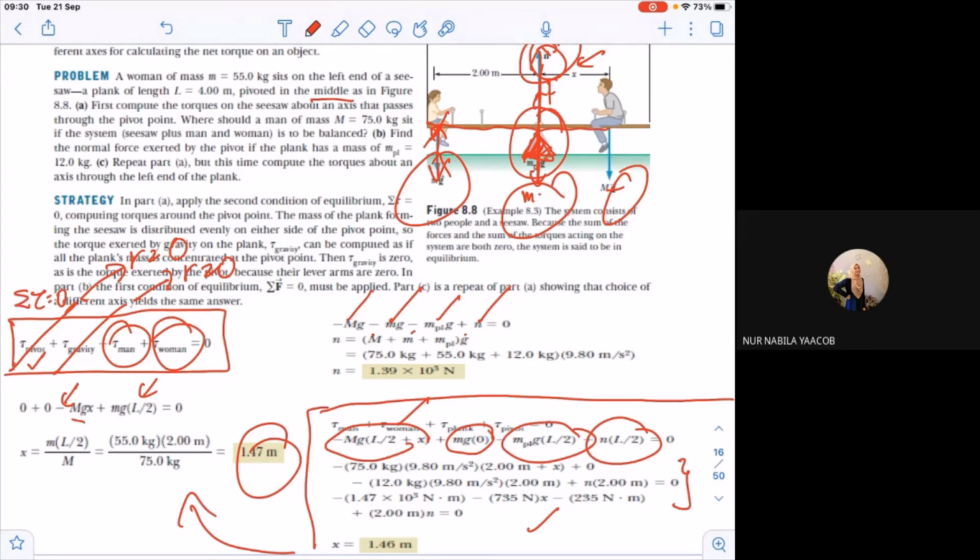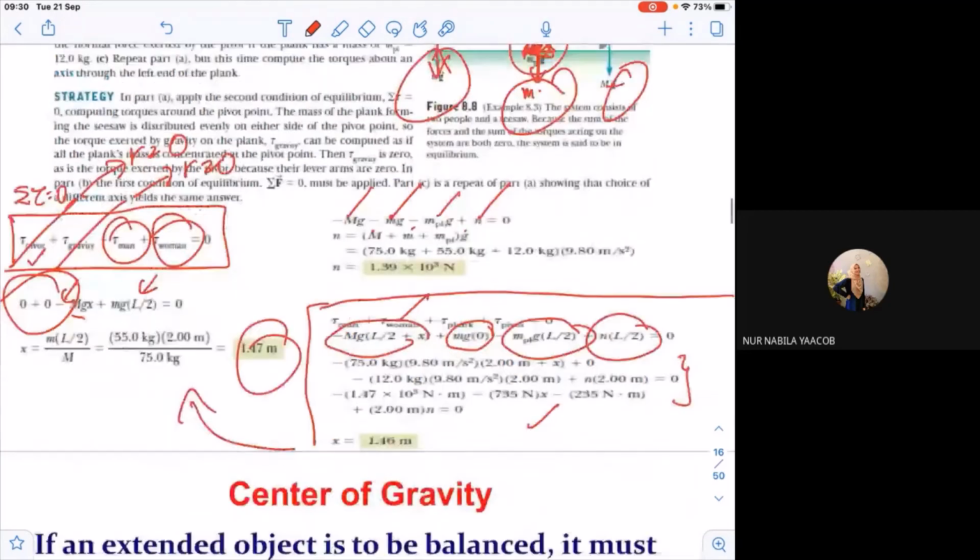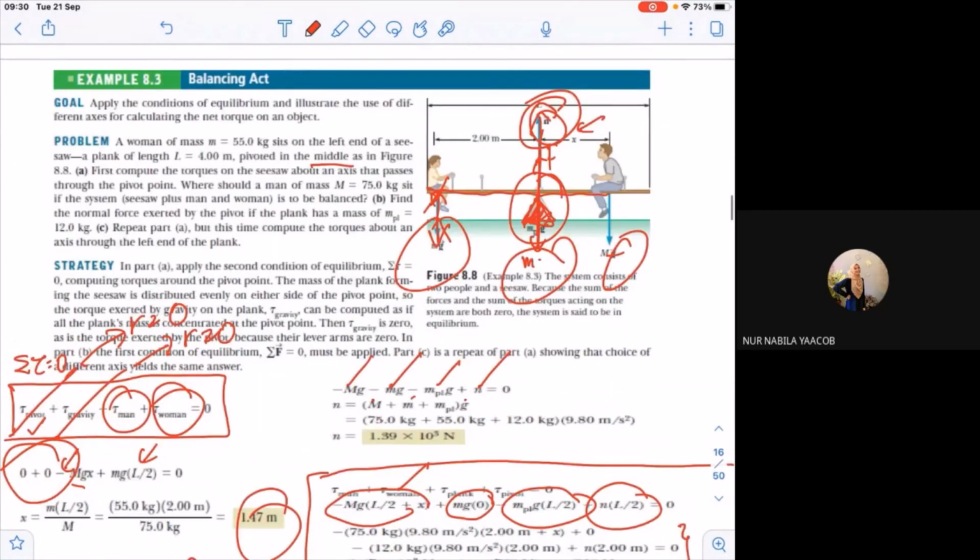But right now, if you choose this point, you can eliminate both. We have eliminated both. Okay, this is a very good example of balancing.